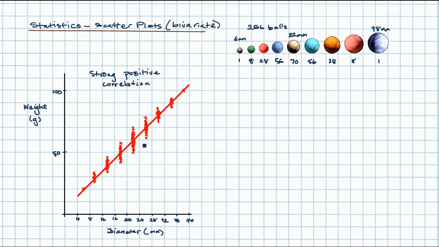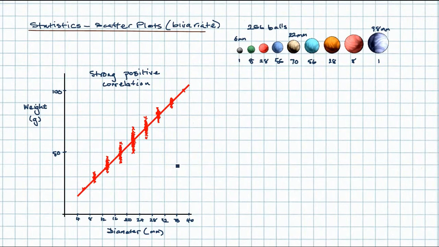A positive correlation means the bigger the diameter, the larger the weight. So as the diameter goes up, so the weight goes up, and the indication of a positive correlation is that we get this uphill, if you like, gradient. So we get this uphill gradient which indicates a positive correlation. So here's an example of a strong positive correlation.